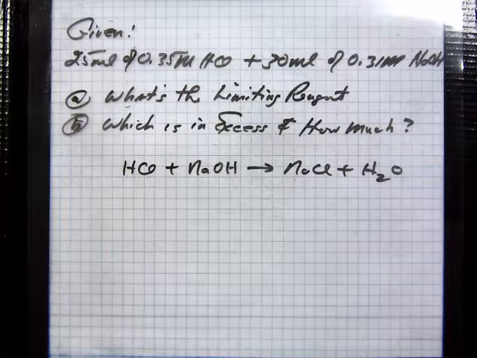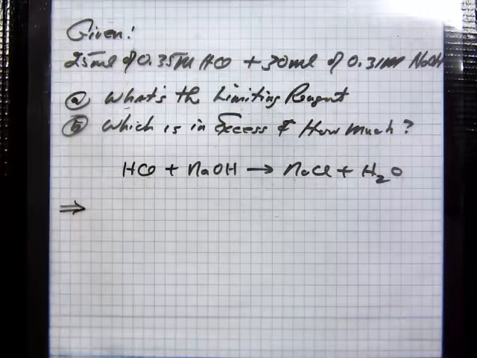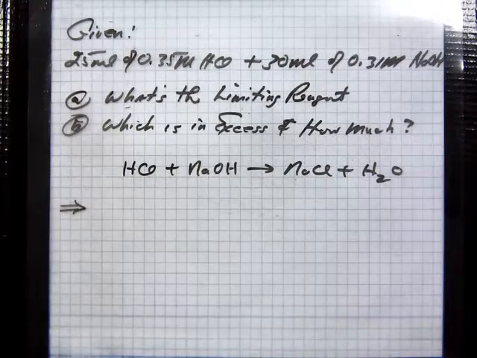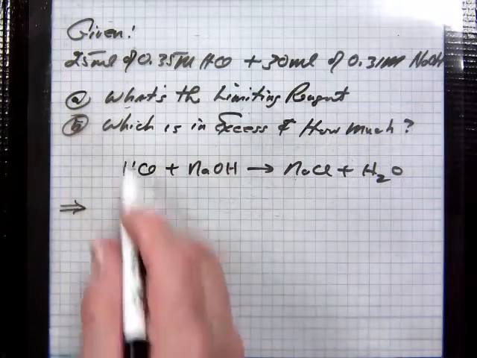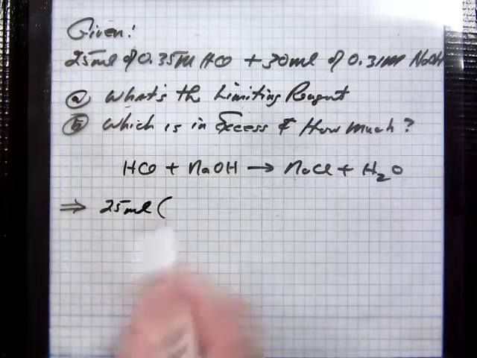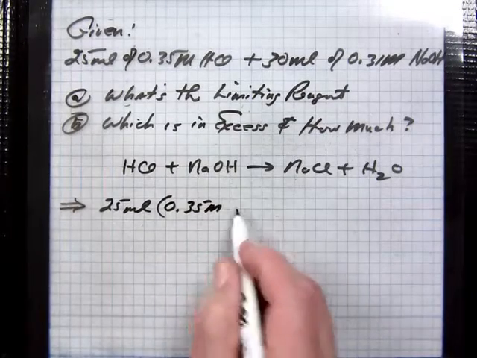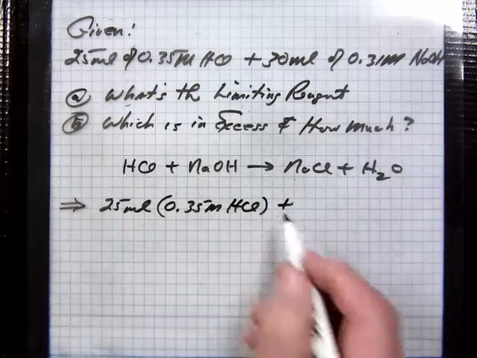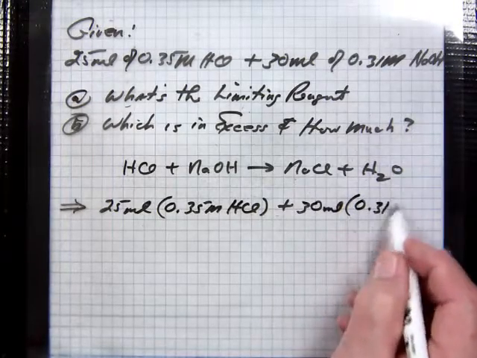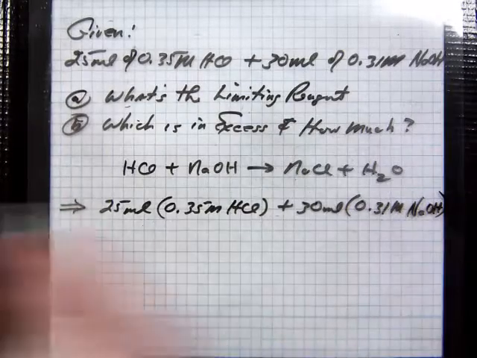Okay, the way I set this up is I illustrate only the reactant side as I build this. I put down my data: HCl, 25 milliliters, and in parentheses the concentration, 0.35 molar HCl, plus 30 milliliters of 0.31 molar NaOH, like that.